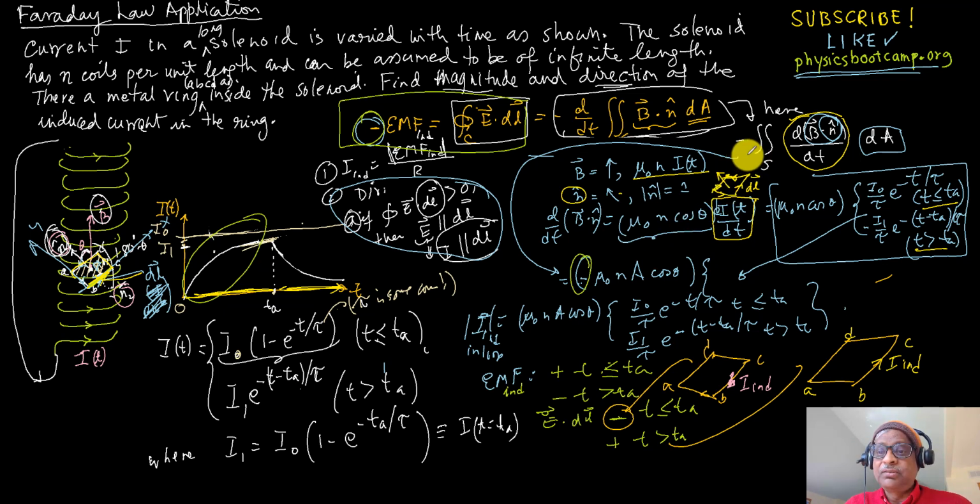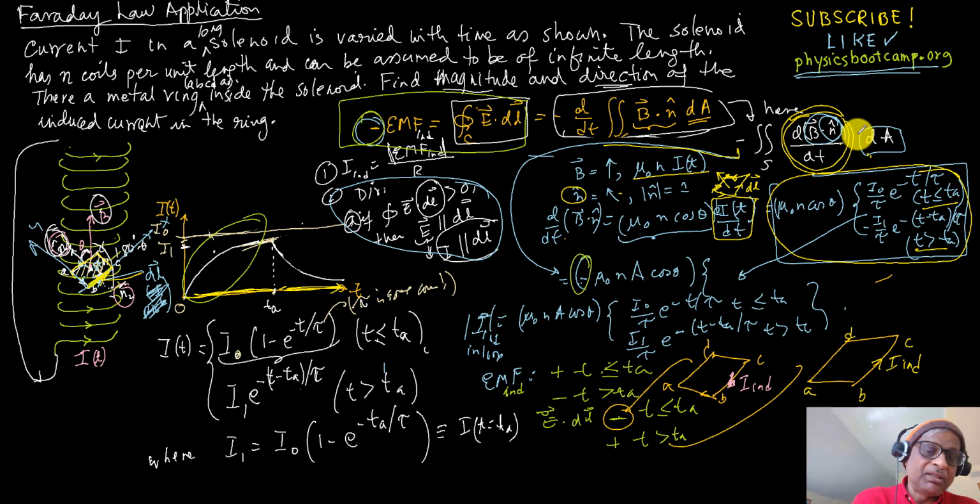Okay, so now I can see that if I want to use this expression inside there, it does not have anything that depends on dA. Suppose I had the x axis this way, the y axis that way, and n hat was that way, that's the z axis.